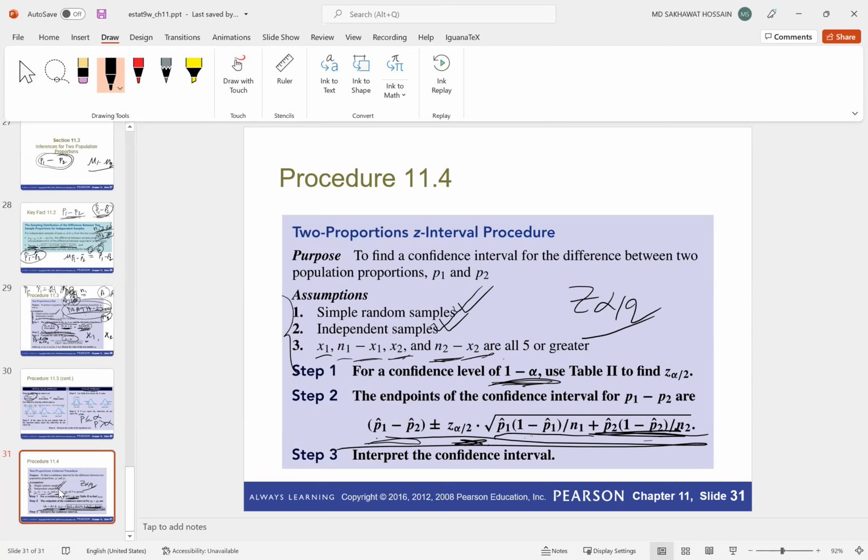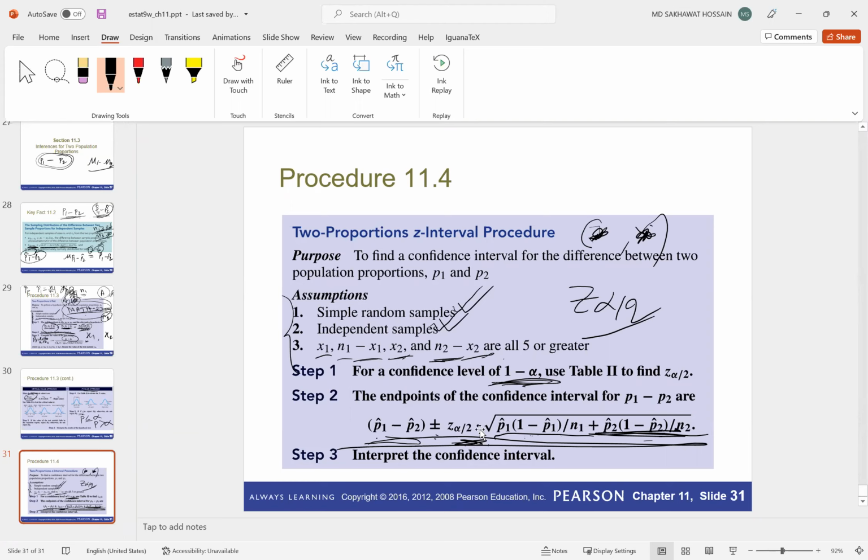For the negative side, you will get a smaller number, the lower limit of the interval, and for the plus side, you will get the upper limit of the interval. So that means we are 1 minus alpha, or 1 minus alpha times 100%, confident that the difference between the two population proportions will be between these two numbers, and that is the confidence interval.